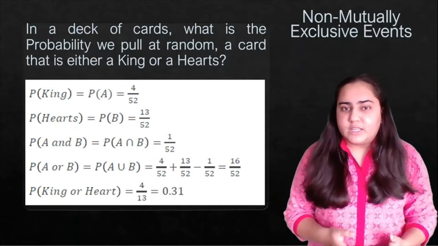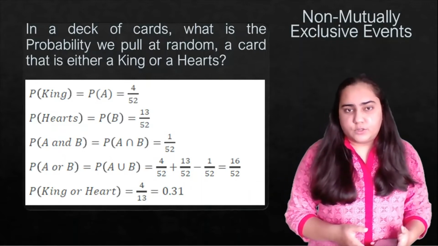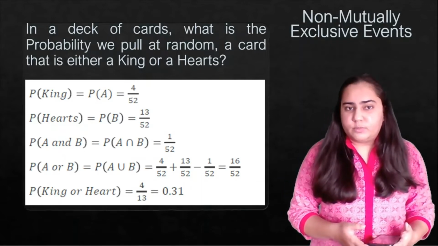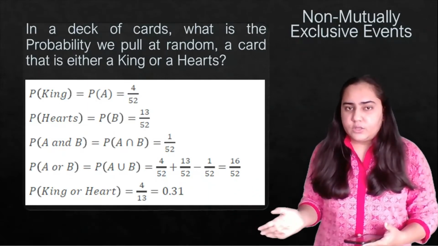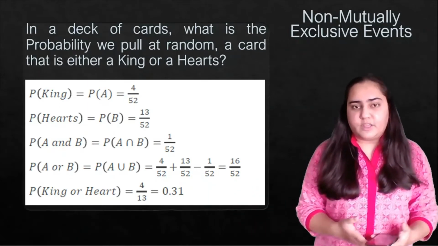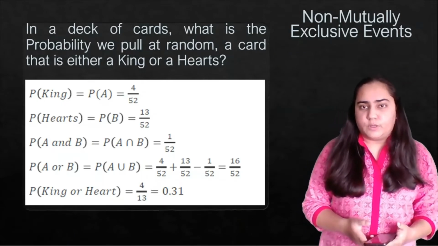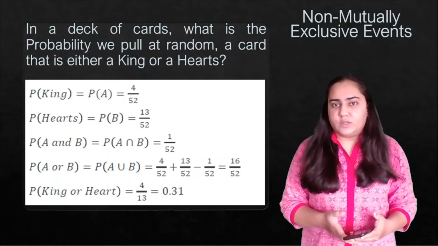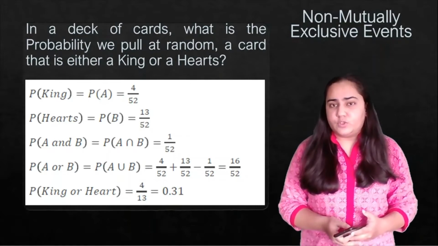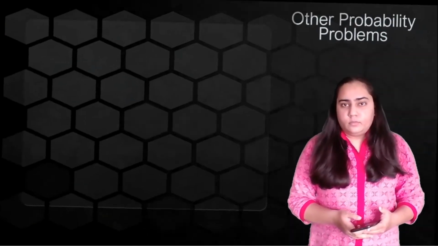And so what we get is 16 by 52. So the probability of the card being either a king or a heart is 4 by 13, simplified version, and that gives us 0.31. So this is how you can calculate when you're working with non-mutually exclusive events.